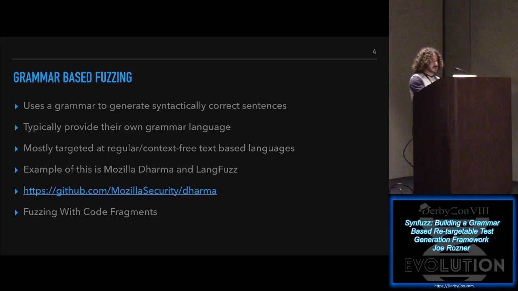Both are really good places to start looking for more information about how this works. But the idea is they both take these specific grammar languages where you define your grammar, and you have to translate the grammar that you're working with to this language. And that's not necessarily an easy thing to do.